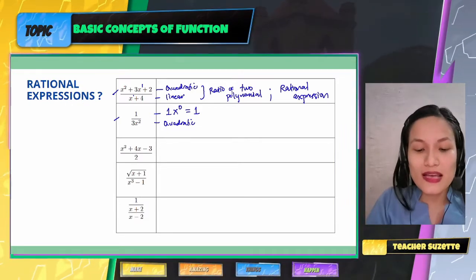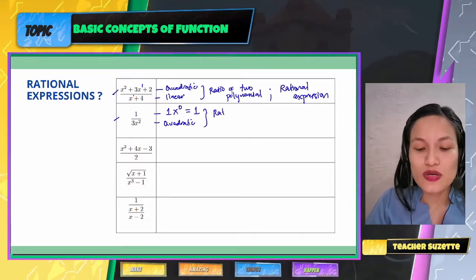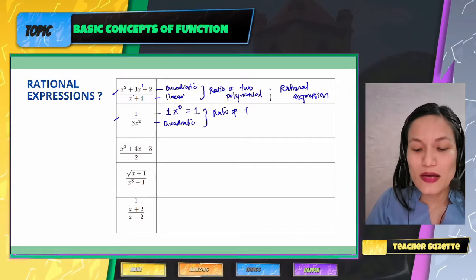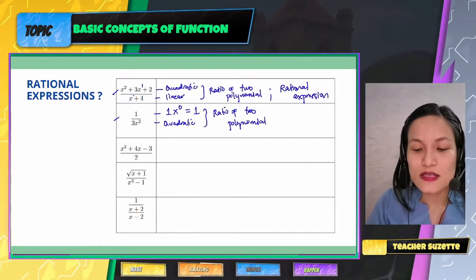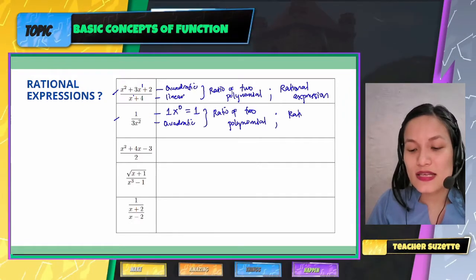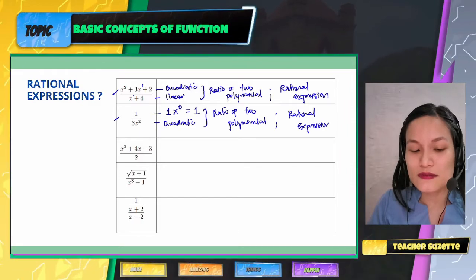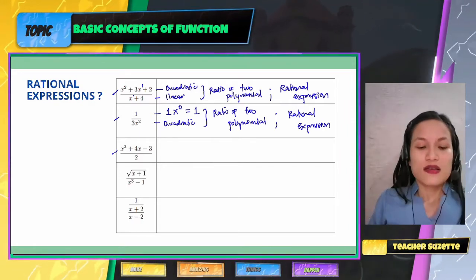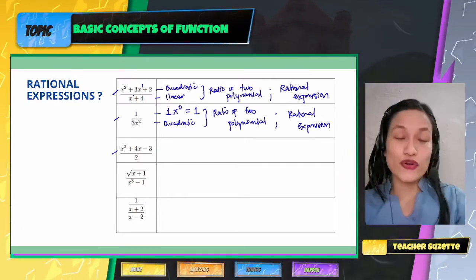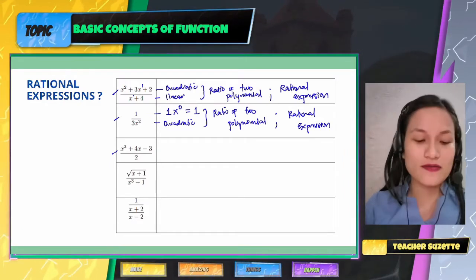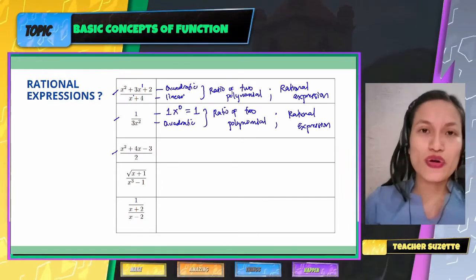So therefore, again, our numerator and denominator are both polynomials, so this is another example of rational expression. Next, same lang din po ito nung ating second example kanina. Yung third example naman natin, you have x squared plus 4x minus 3 over 2.